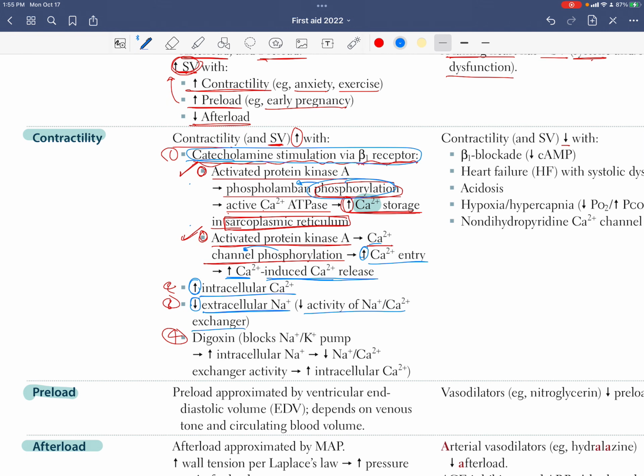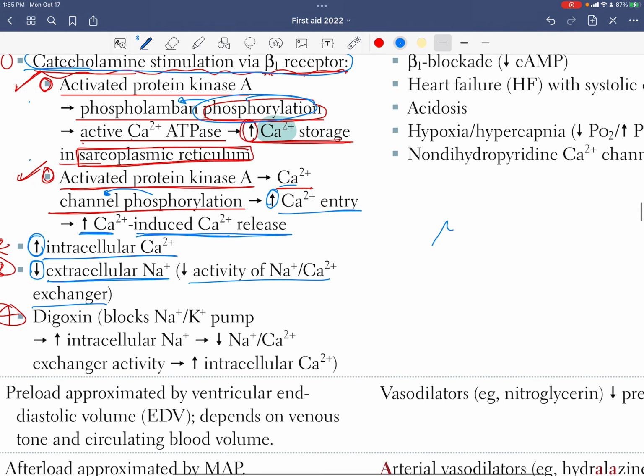So number 3 is reducing the extracellular sodium. That would reduce the activity of the sodium calcium exchanger. What we have is a channel over here that is supposed to take in sodium.